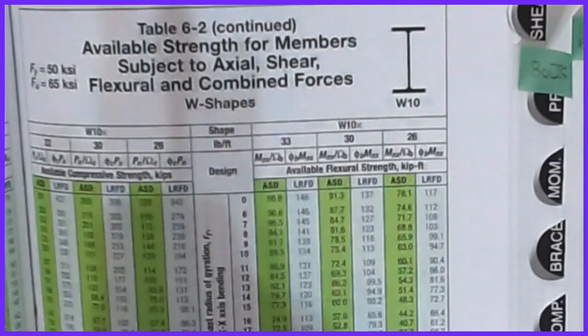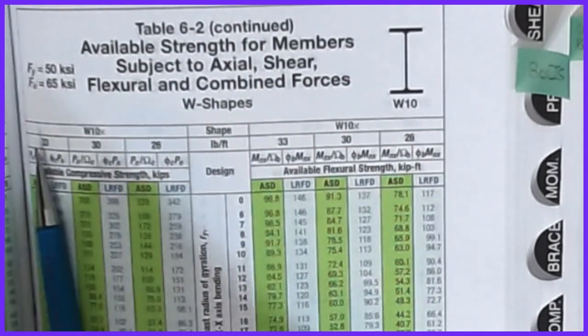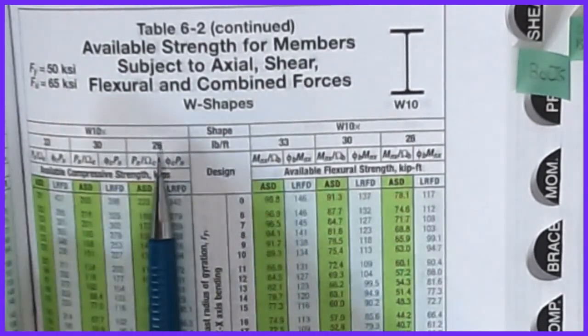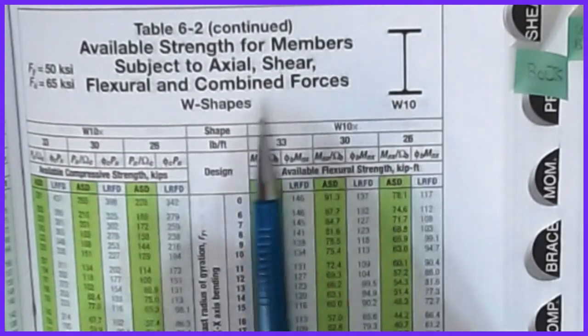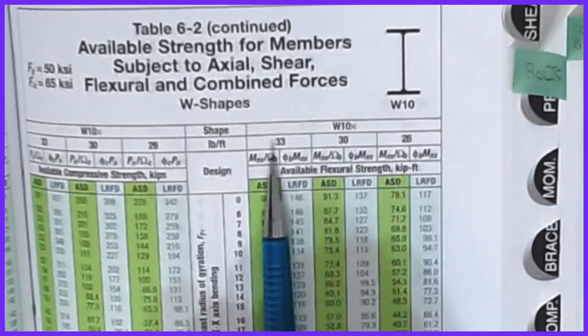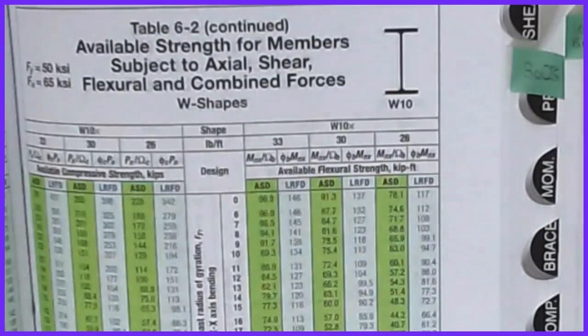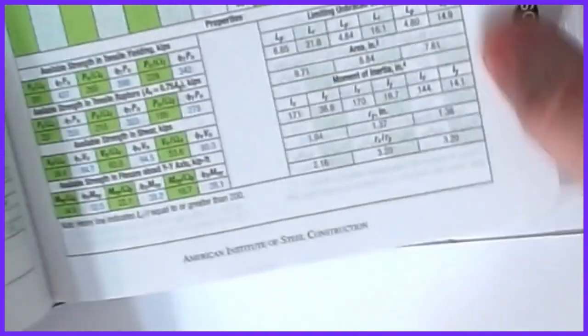The way this table is set up is that on this side is all the axial information for the different weights: 10 by 33, 10 by 30, 10 by 26. Then over here is the X direction bending, the moment capacities that come out of that particular value. But what's down at the bottom is everything else.